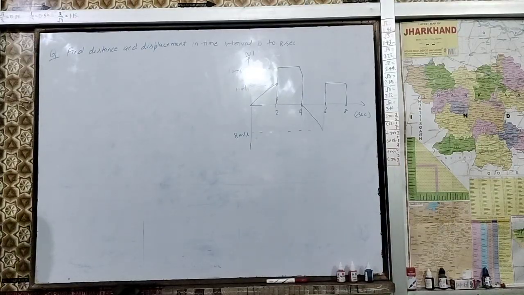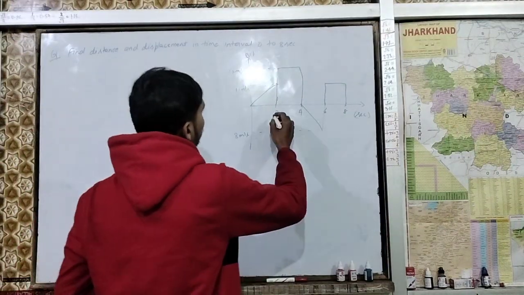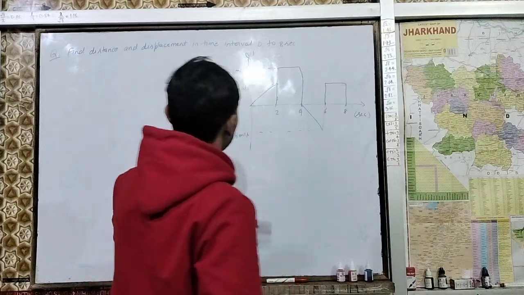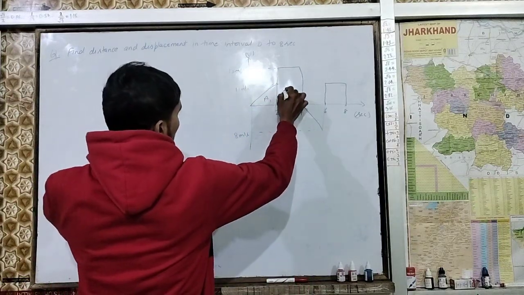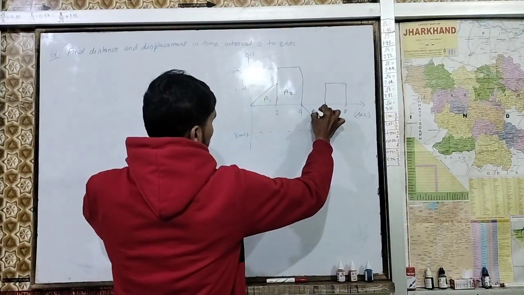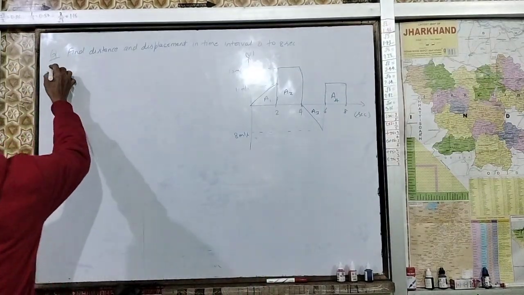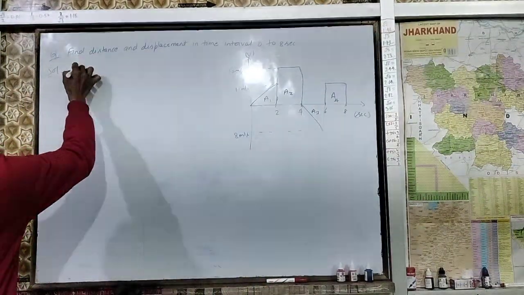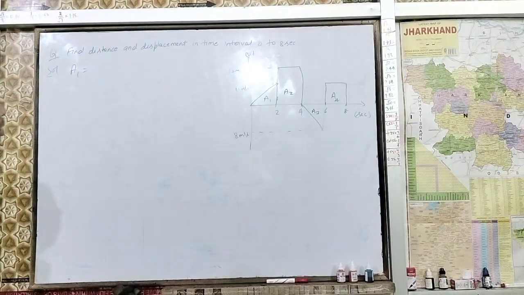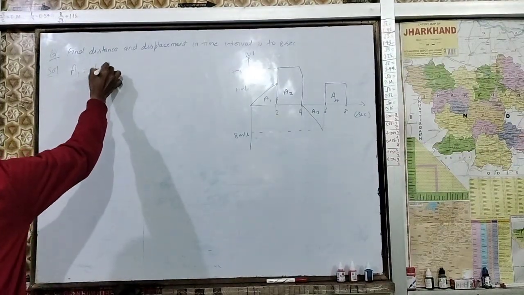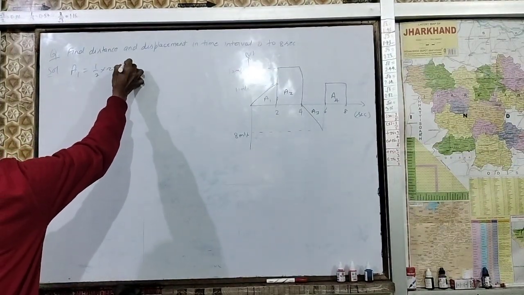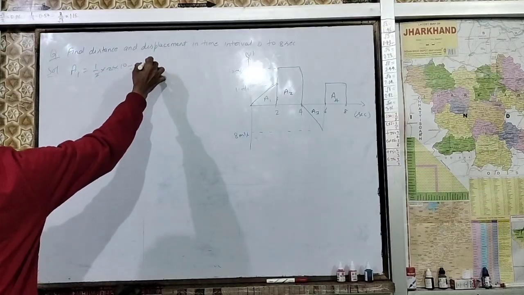Find the distance and displacement in the time interval from 0 to 8 seconds. This will be our A1, A2, A3 and A4. A1 will be 1 by 2 multiplied by 8, so this came as 10.